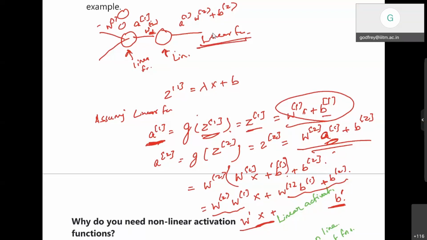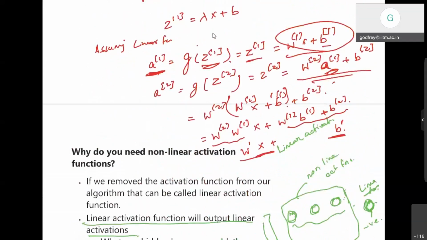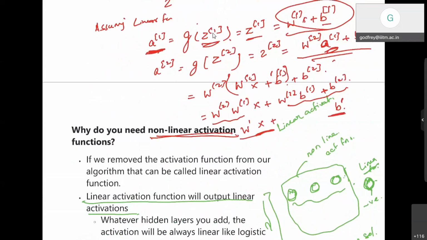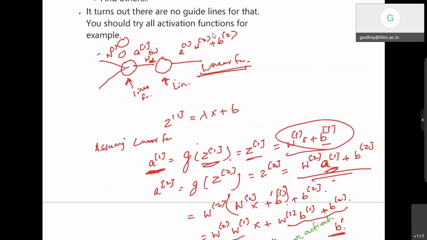That is why we need to introduce some kind of non-linearity. If you want your neural network to learn complex patterns, you need to introduce non-linearity. Otherwise it will only be able to learn a straight line.